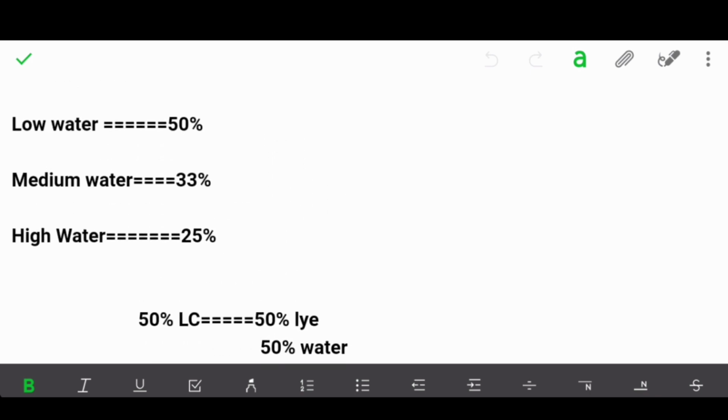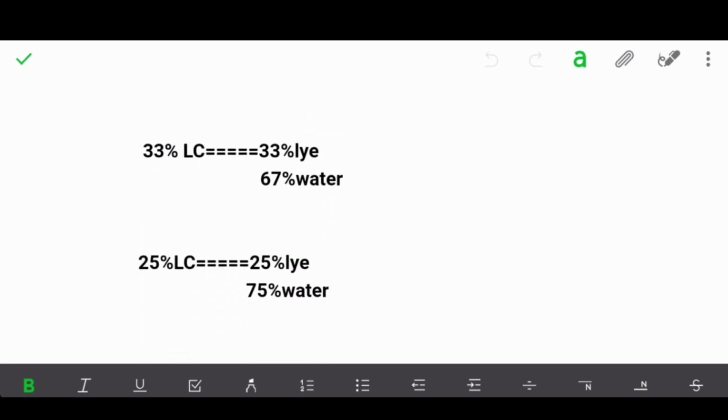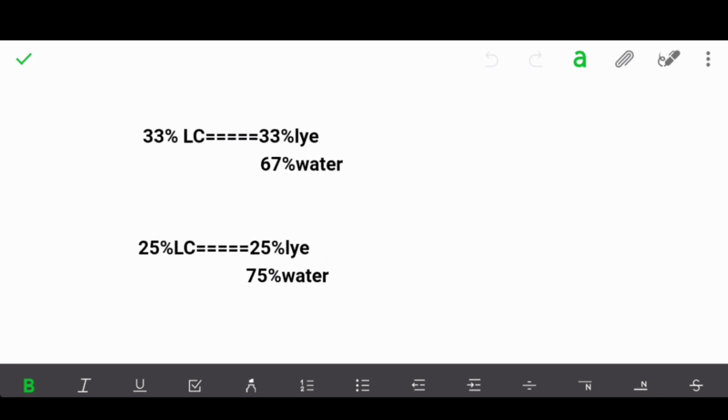Now the third stage is the high water lye concentration, which is at 25%. So if you measure your lye at 25%, that means you have 25% of your lye and 75% of water. What this means is you have more water in this solution and in this formulation, and for this kind of soap, when your soap goes through the curing process, you tend to lose the initial size of that soap, because there will be a lot of shrinkage.